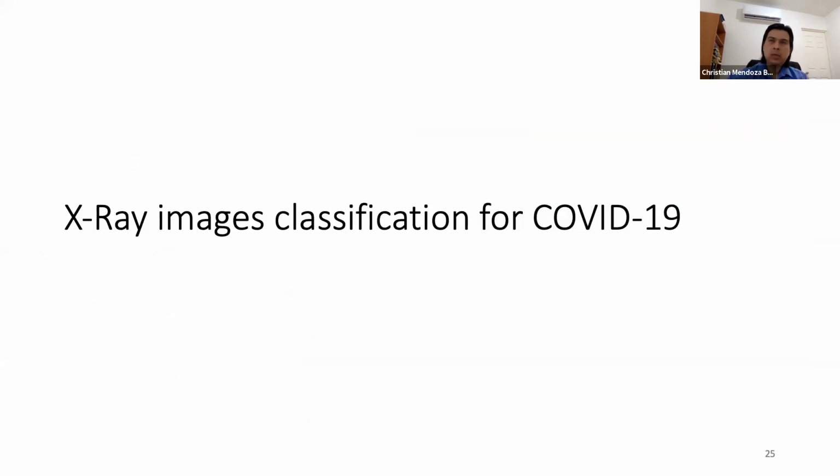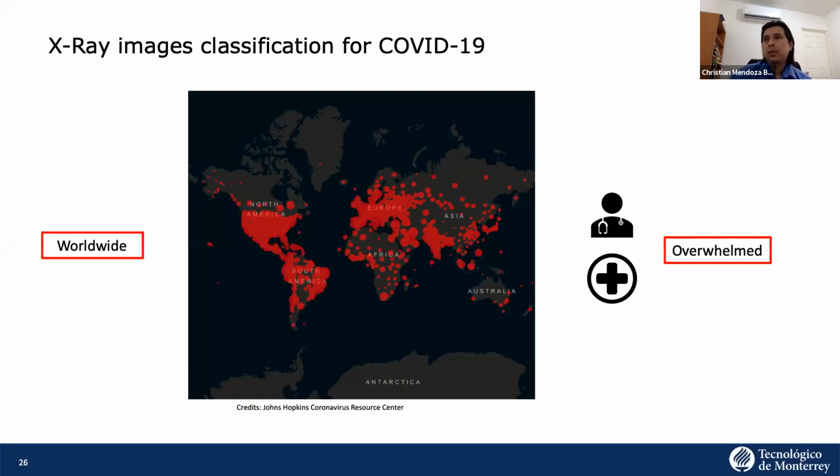We were trying to do something to deploy, at least academically, to classify X-ray images for COVID-19. By now, you have probably seen this type of image many, many times. I'm playing this here to stress that it's a pandemic, it's worldwide, and the health systems from virtually every country were not prepared to handle something like this.